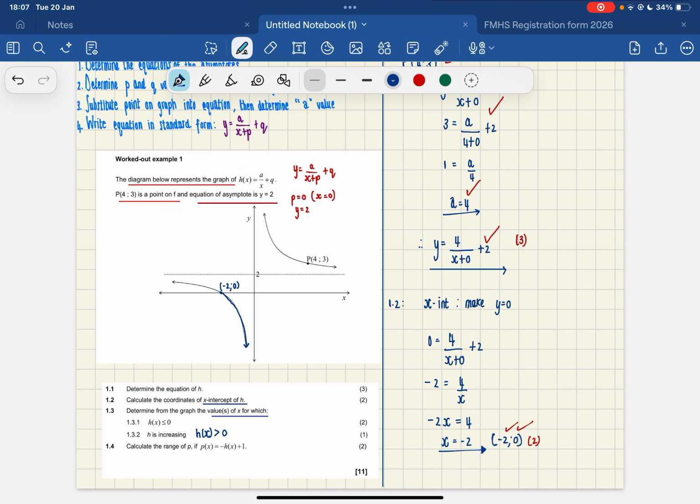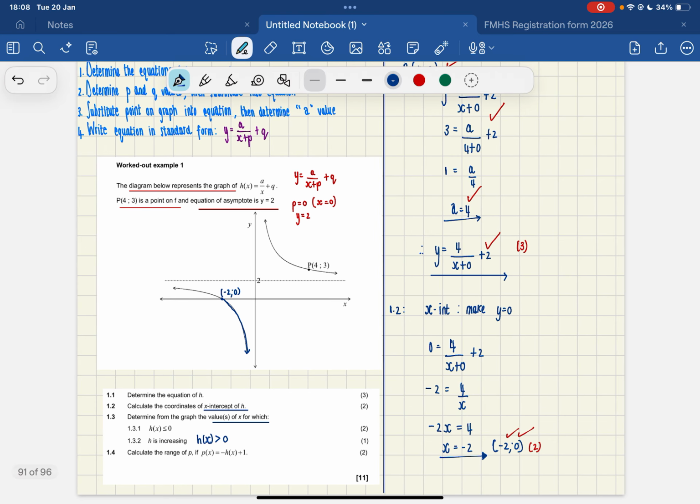So where is it increasing? Where is it above 0? X is an element of. Where is it above 0? X is an element of.